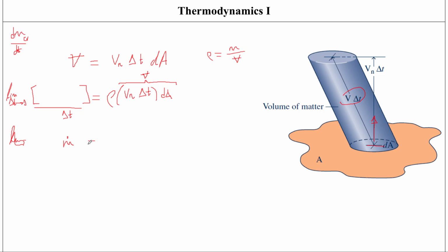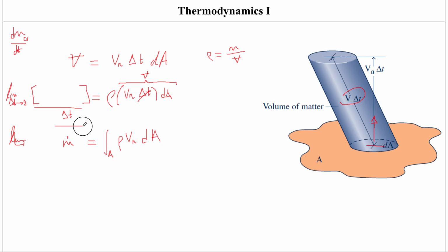and I could write it in terms of m dot, and then m dot would be equal to, because I divided both sides with delta t, this would cancel out, so I'd be left with rho v subscript n into dA, and I apply the integral over all of this, and that would give me m dot in terms of the integral across the entire area, and this integral is being applied on rho vn into dA.